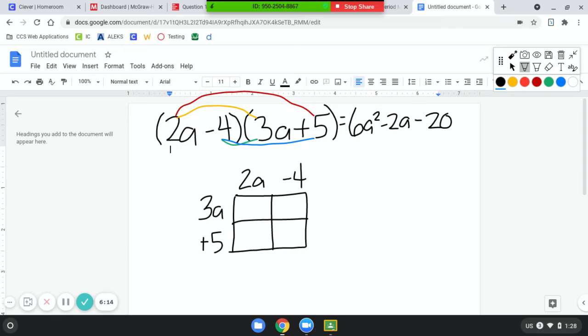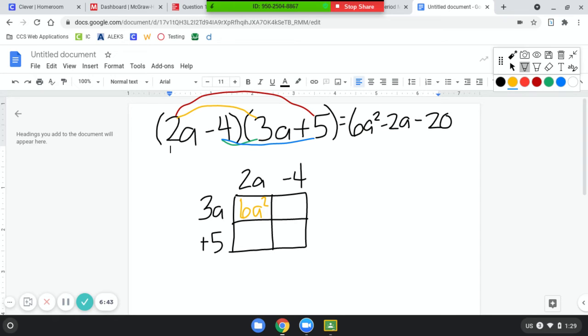And then you just multiply whatever's at the top and then whatever's to the left on the outside of your box. So for that first one, we did 2a times 3a. So that was in yellow. So 2 times 3 is 6, and a times a is a squared.